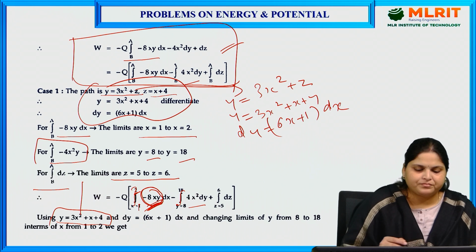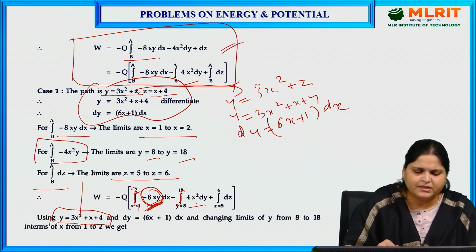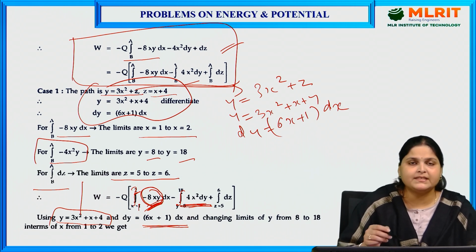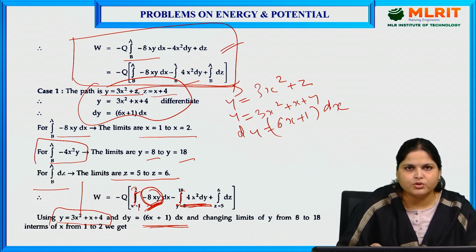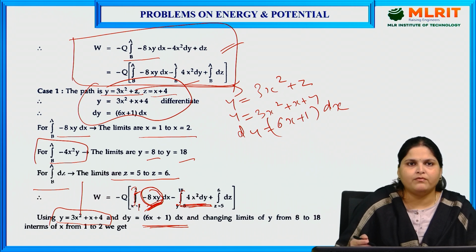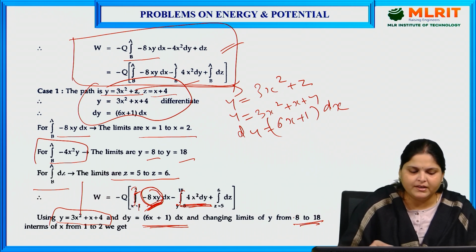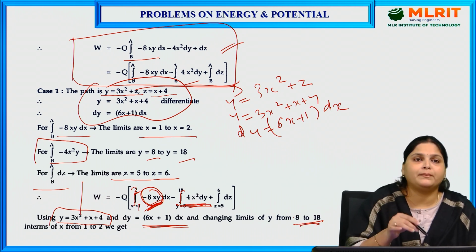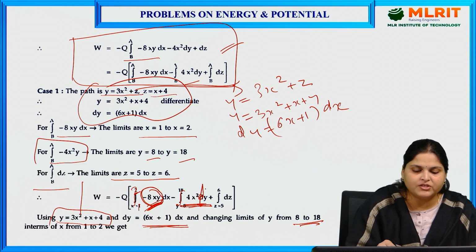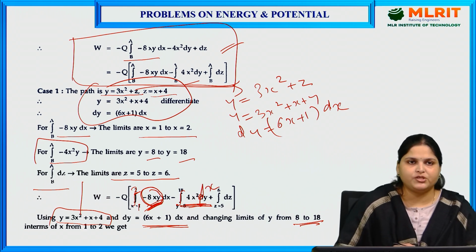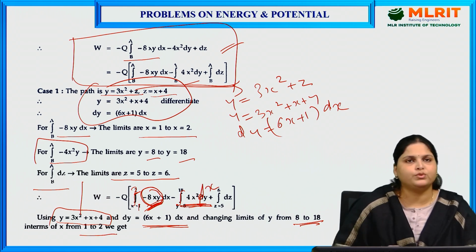Similarly, this dy we can change as 6x plus 1 dx, so it is easy to integrate. Also, we will change the limits of y from 8 to 18 into the limit of x, because now we are changing the integration variable. So this will become 1 to 2.